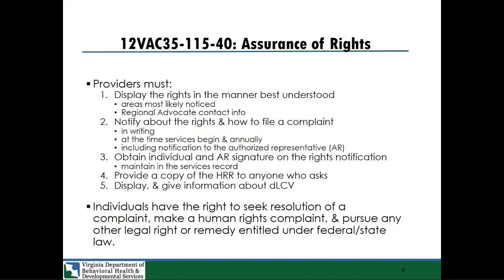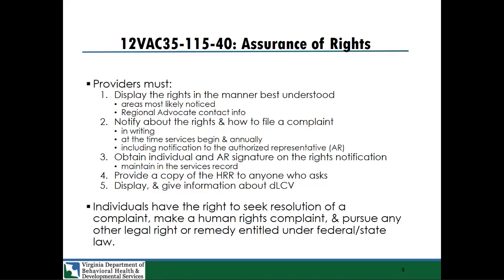In addition, the authorized representative or the AR, if in fact there is one, must also be notified of this information. You also want to make sure the notification of rights contains the individual's and AR's signature and that that document is kept in the individual's services record.